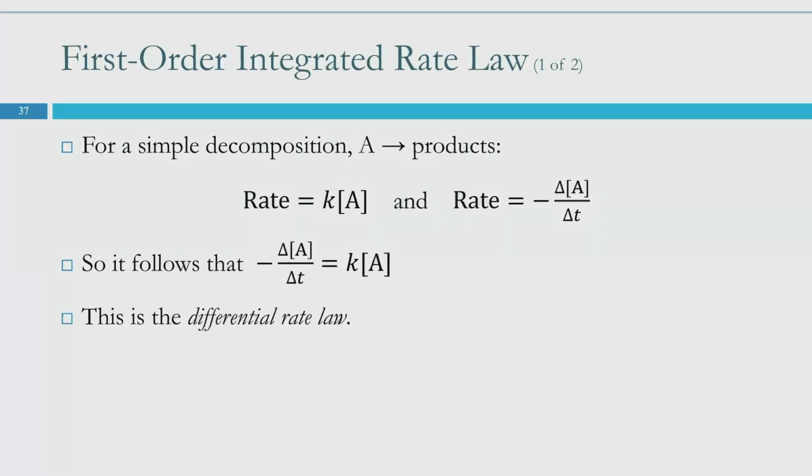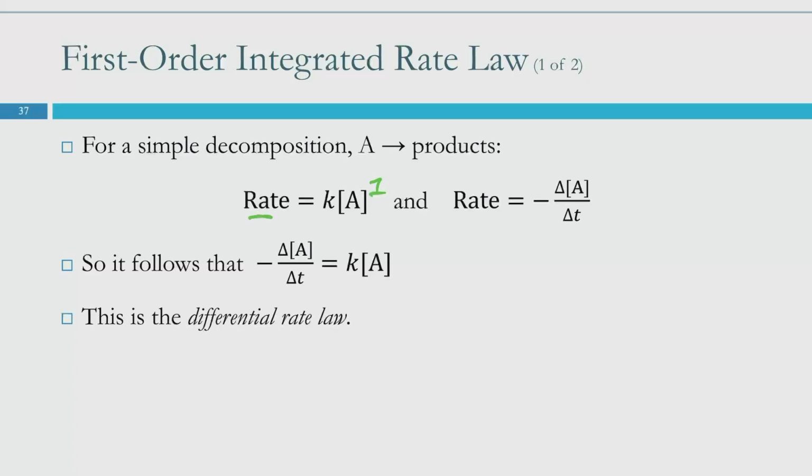for a simple decomposition, so just one reactant, that's what we'll be looking at. For our A going to products, the rate is equal to k times A. Our little exponent there is 1. And our rate is also equal to the negative change in the concentration of A over change in time.